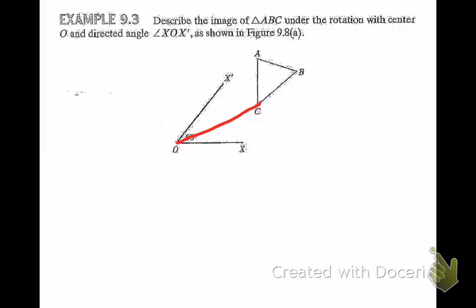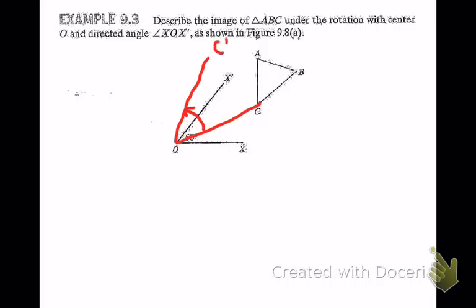It says we're rotating counterclockwise, so we measure 50 degrees from the line OC. Then I make the new line, OC prime, the same length as OC was.